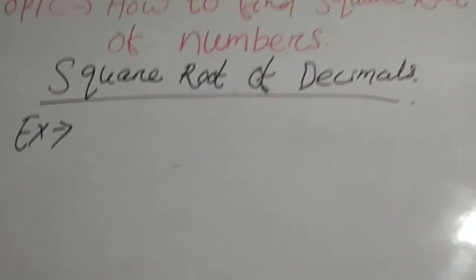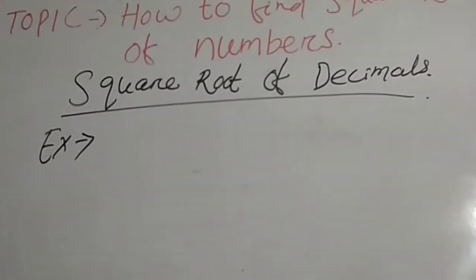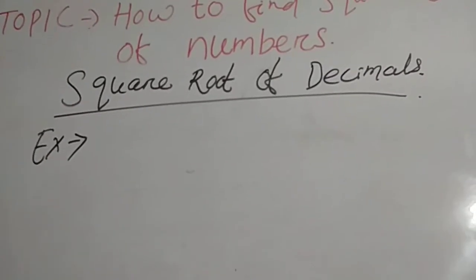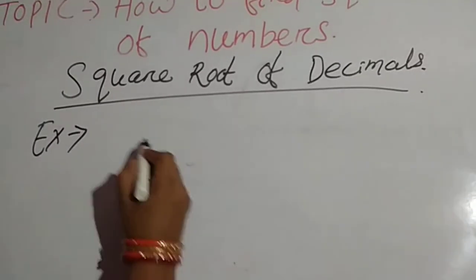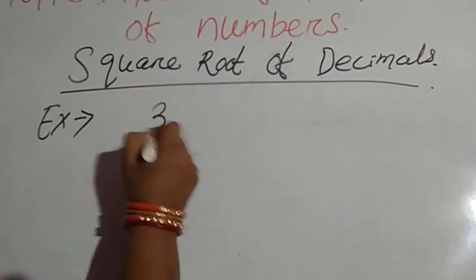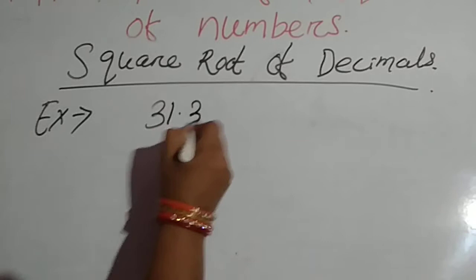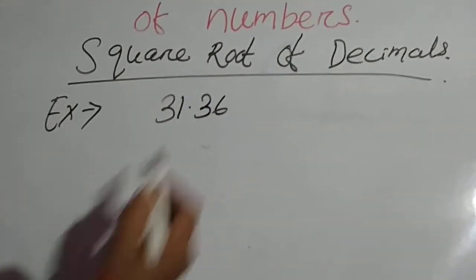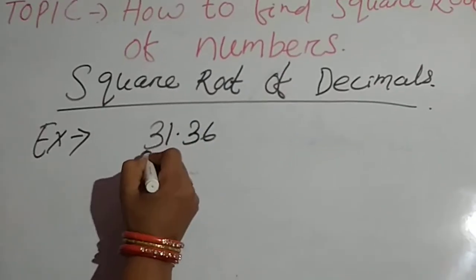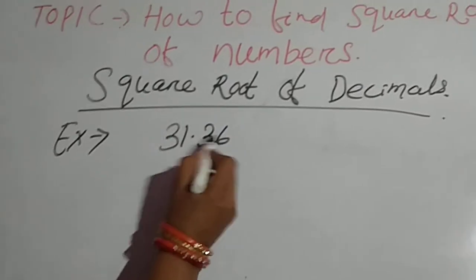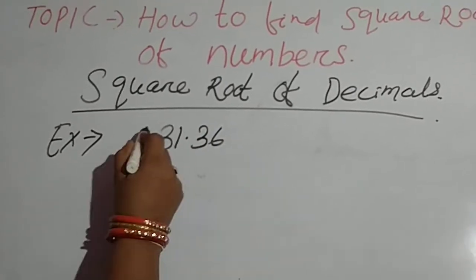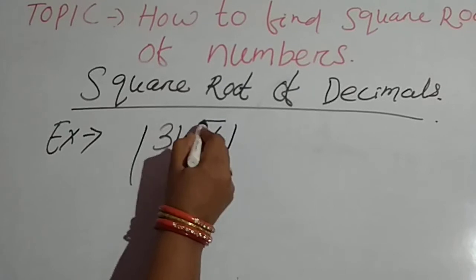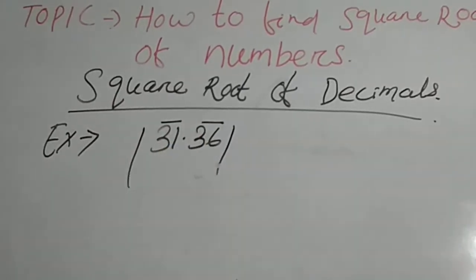students, we find the square root of a decimal. How to find the square root of a decimal? Suppose we take an example, 31.36. Okay, so before the point 2 digits and after the point also 2 digits here. So we put the bar on the digits.